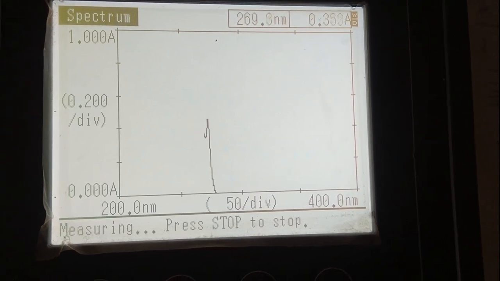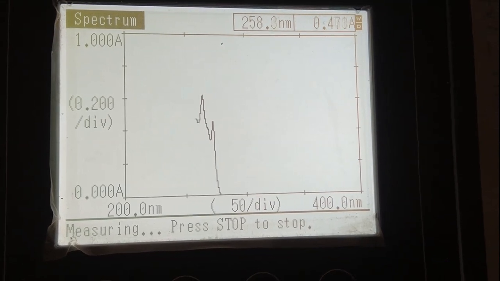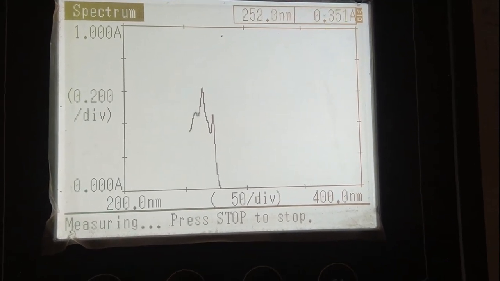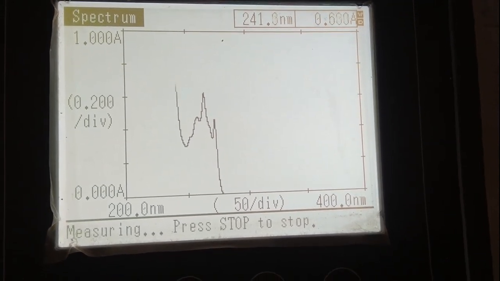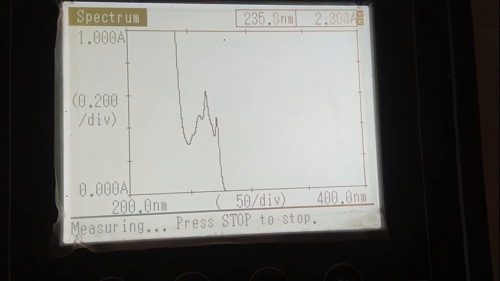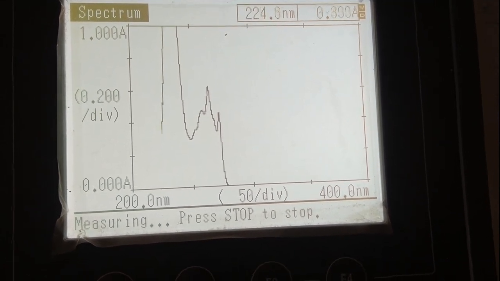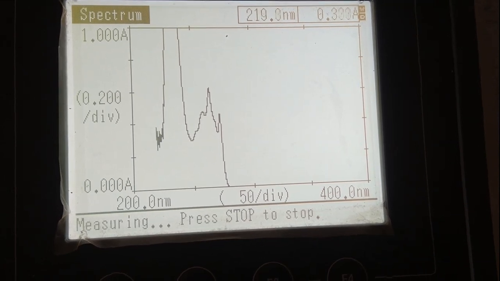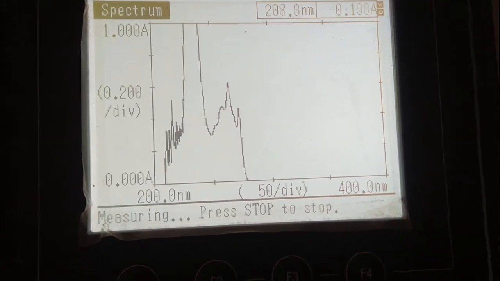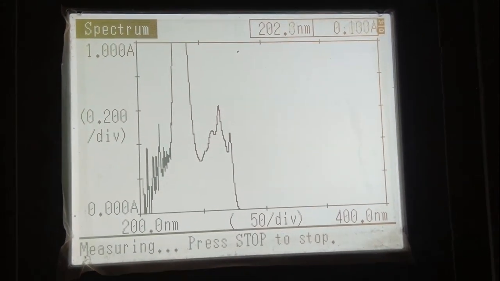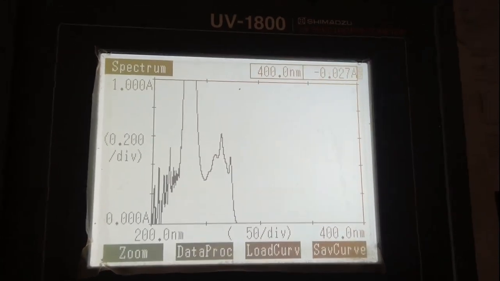You can see the graph of ibuprofen, the spectrum of ibuprofen. So the scanning has been completed.